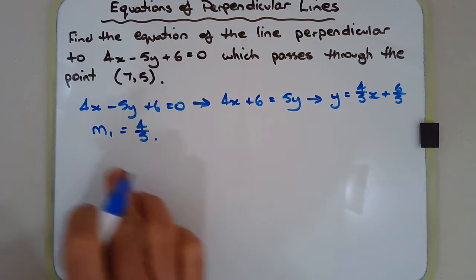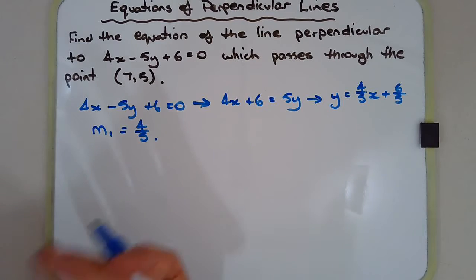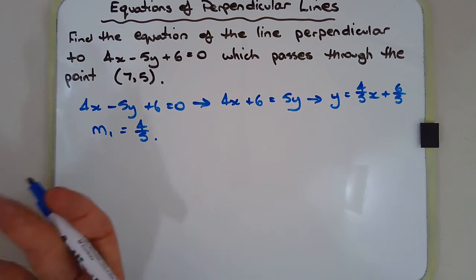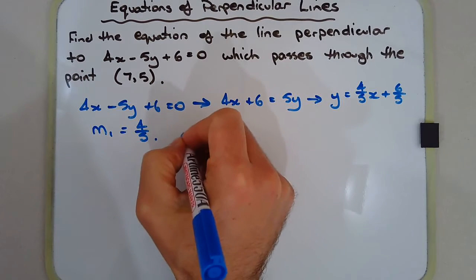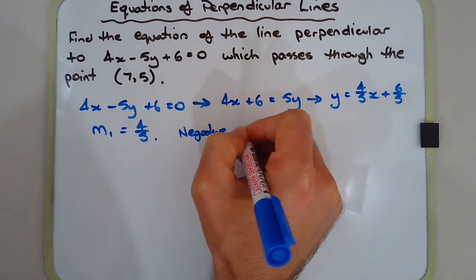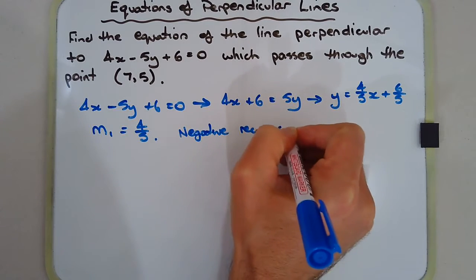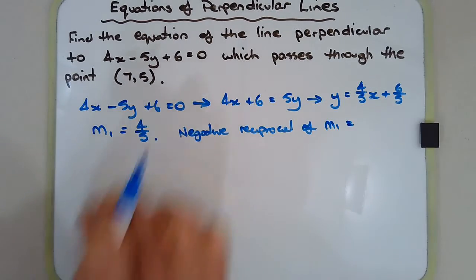Now, to find the gradient that's perpendicular to m1, we need to use the formula m1 multiplied by m2 equals negative 1. Or we could just find the negative reciprocal of m1. It might be easier just to do this: negative, which means flipping the fraction.